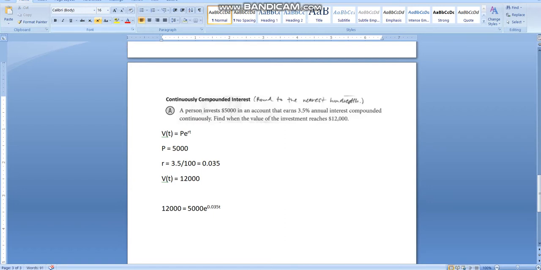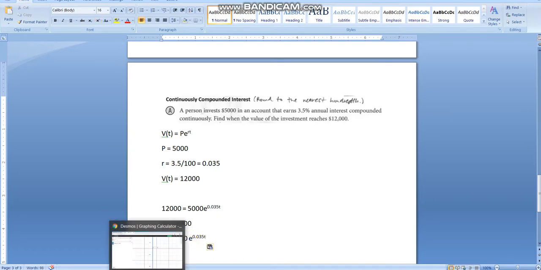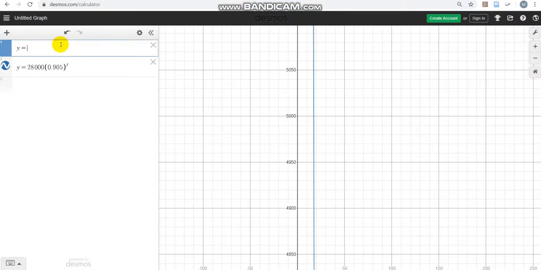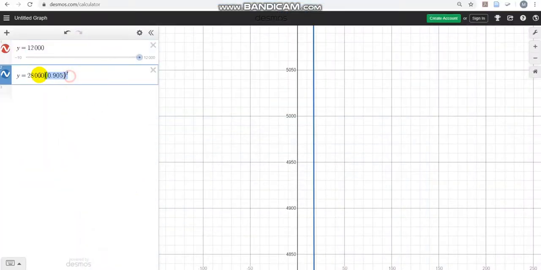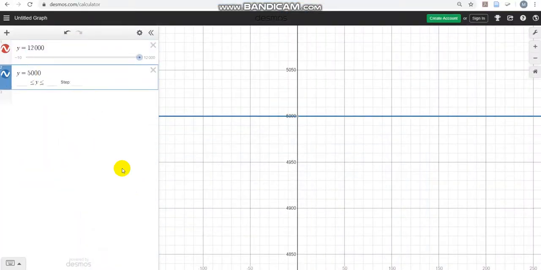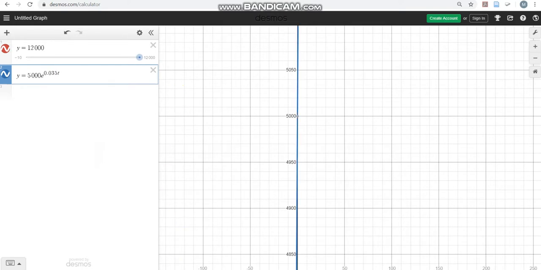Okay, so we're going to graph two functions: y equals 12,000, and y equals 5,000 e raised to the 0.035 t.